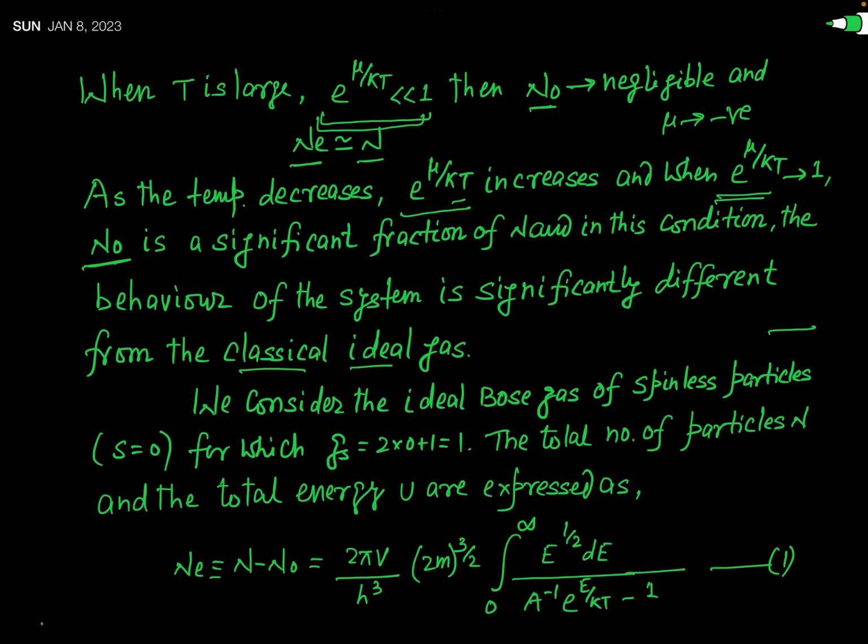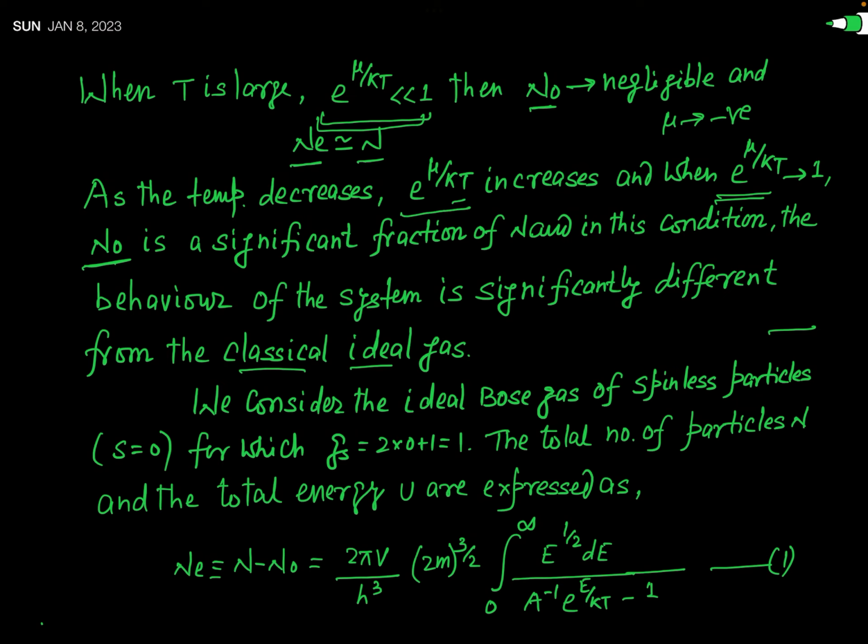All these things will be clear in the forthcoming lectures when we calculate the different thermodynamic properties for the ideal Bose gas and compare them with the same quantities for the Boltzmann gas.